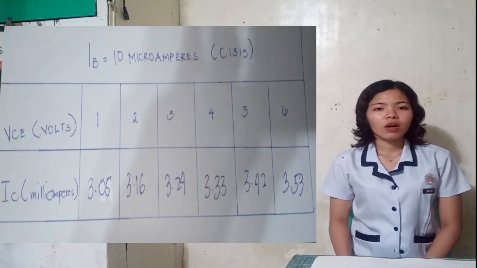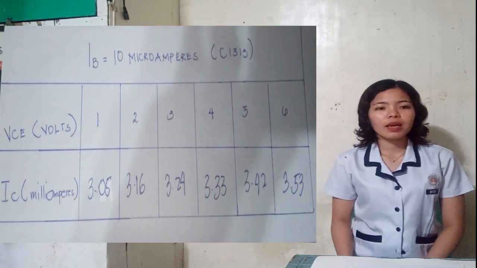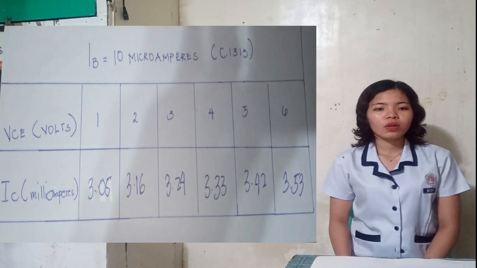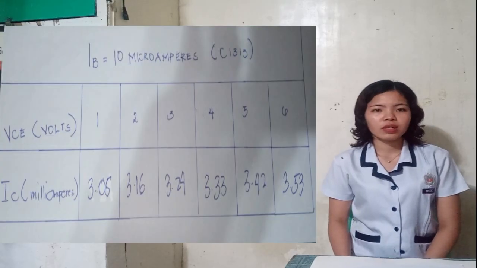The results confirm the expected behavior of a BJT. Once collector emitter voltage is high enough, the transistor stabilizes and the collector current remains almost constant as the collector emitter voltage increases.